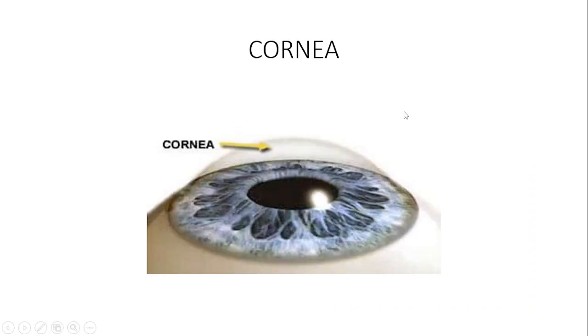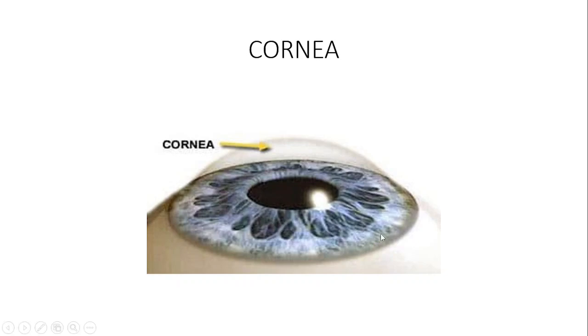Now let's learn about the transparent layers of the eyeball through which light passes to go and stimulate the photoreceptors on the retina. Remember, if these layers of the eyeball were not transparent, how would light reach the retina to stimulate the photoreceptors for us to see well?